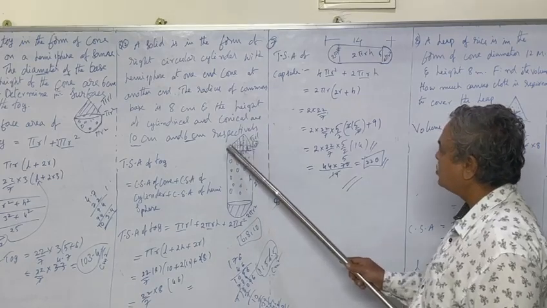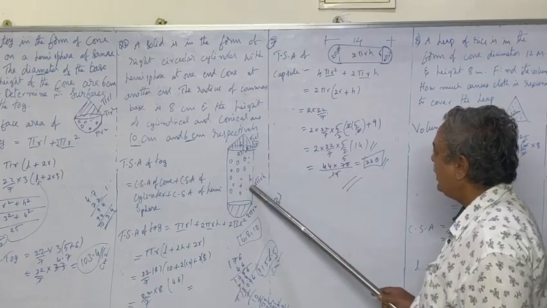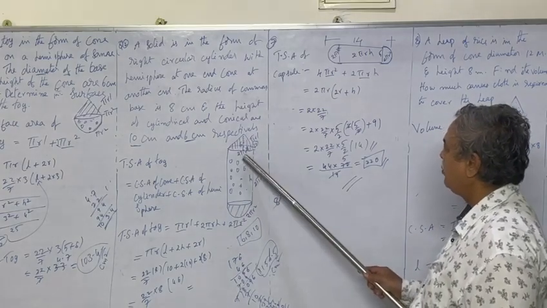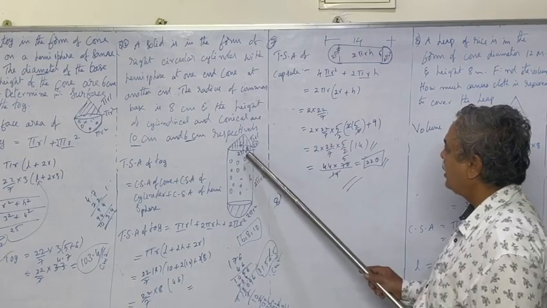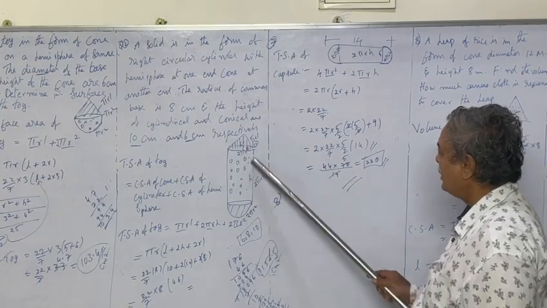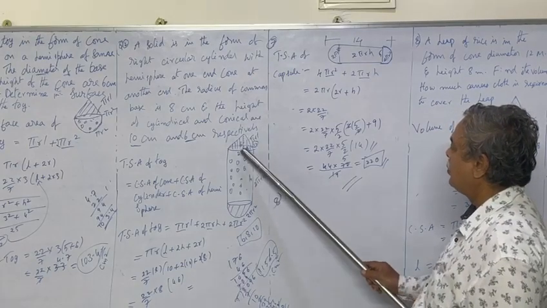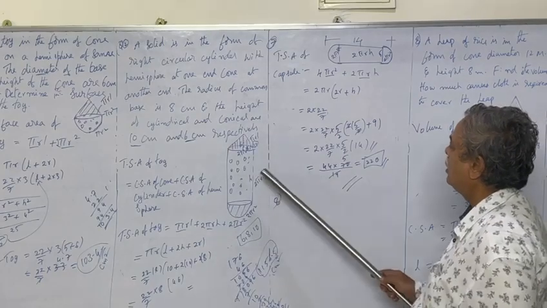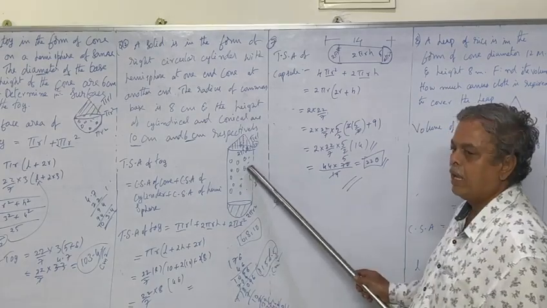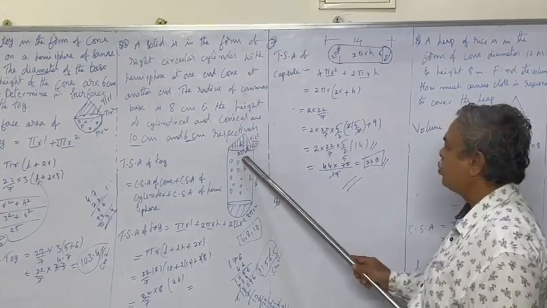This circle has circumference 2πr and height is h, then it becomes 2πrh. 2πr is the breadth and h is the length. Length into breadth is the area of the rectangle.